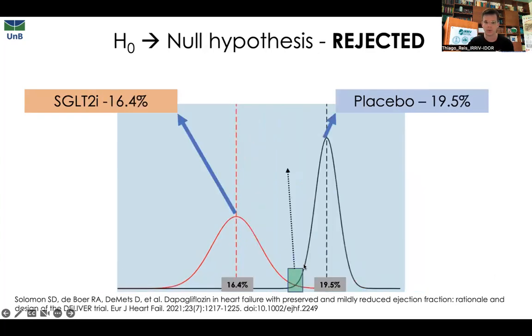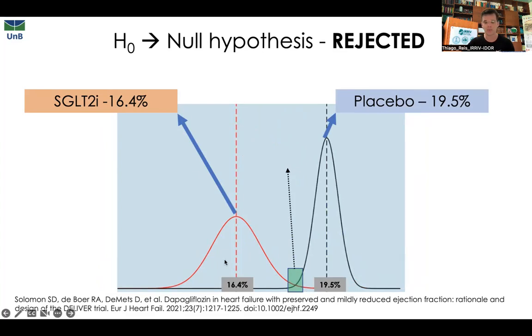And when we go to this picture here, we see that the overlap between the results here on the right in the placebo versus there on the left for SGLT2 do not cross. Only less than 5% of these results have this interface.